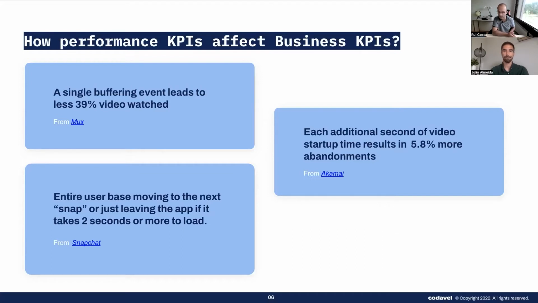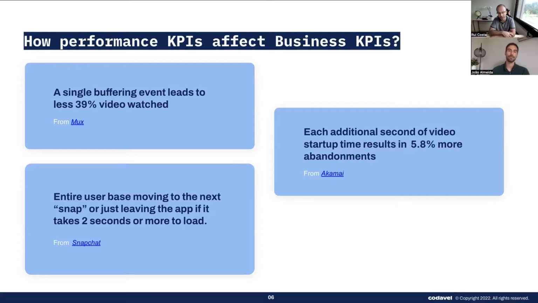And most interesting is that they will start to drop out at a very fast rate. So each additional second that you take to deliver the video to the user basically results in almost 6% more user abandonments, just due to the fact that you're not providing the video to the application super fast. So this is the classical example for video.